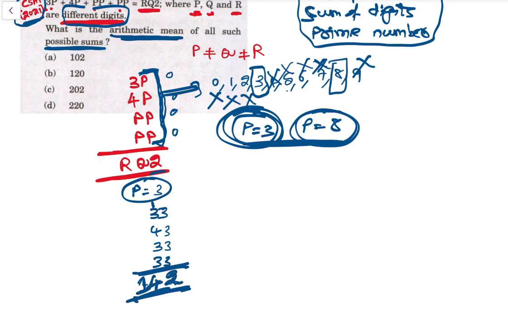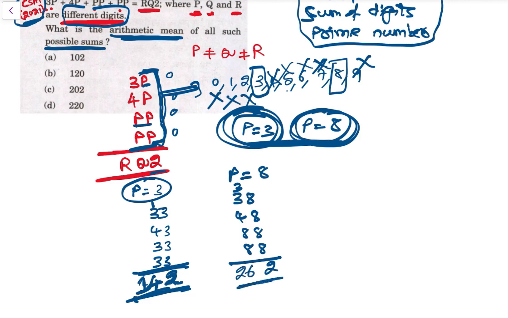Then another is P is equal to 8, then 3P is 38, then 4P is 48, then PP is 88, and PP again is 88. So 8 4s are 32, then 8 8s are 16, 16 plus 4 is 20, 20 plus 6 is 26.